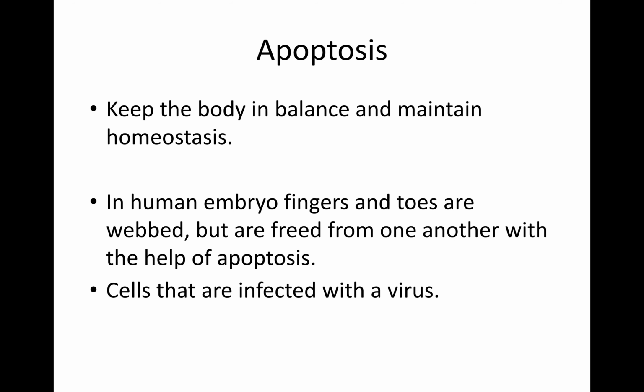So look at your hand and spread your fingers out. You can almost see where they were webbed. Like I can kind of touch mine and my skin. Those were almost to your fingertips. But those skin cells and tissue cells in between your fingers, when we were embryos, I guess you would say, killed themselves. They had programmed cell death for the greater good so that we could have fingers and toes.